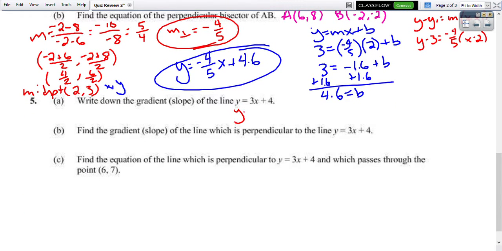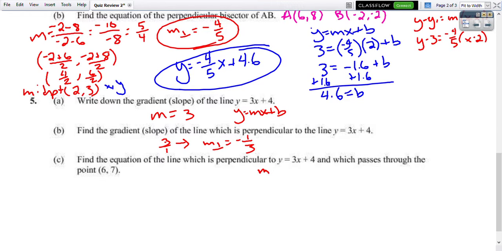So if we're doing y equals mx plus b, we know that the slope is equal to 3. Perpendicular to that would be the negative reciprocal. So if it's 3 over 1, then that is going to turn into a perpendicular slope of negative 1/3. And then find the equation of the perpendicular.